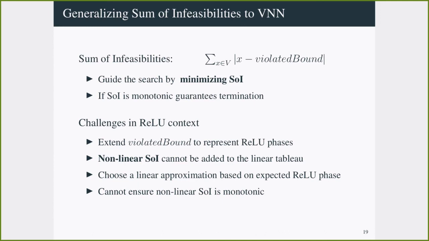The challenge now lies in how we can actually use this linear approximation of SOI to guide the search. And given that the nonlinear SOI is not monotonic, the algorithm will not necessarily terminate on its own. So we will need to use some other methods that are available in Marabou to ensure termination.